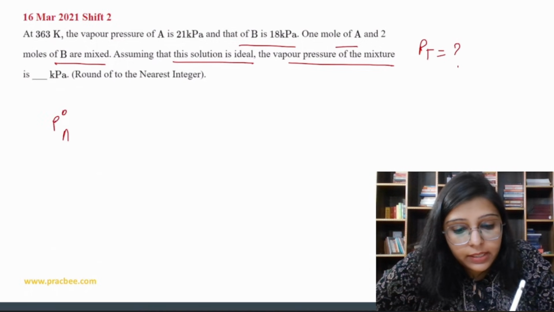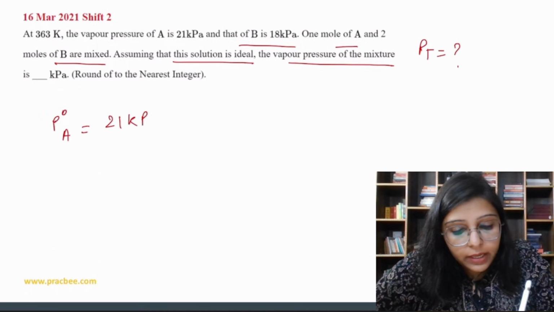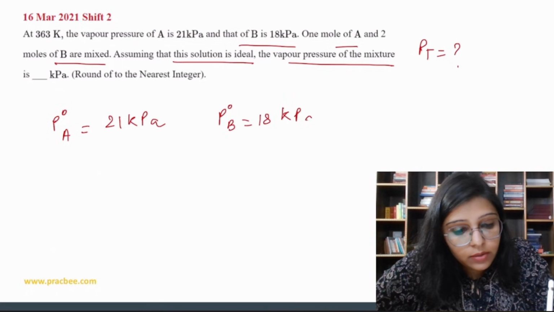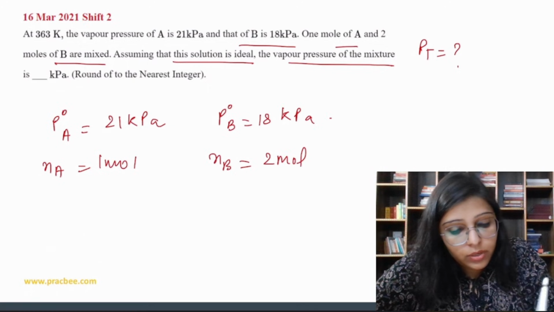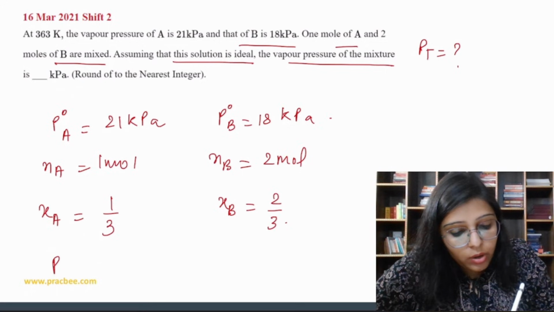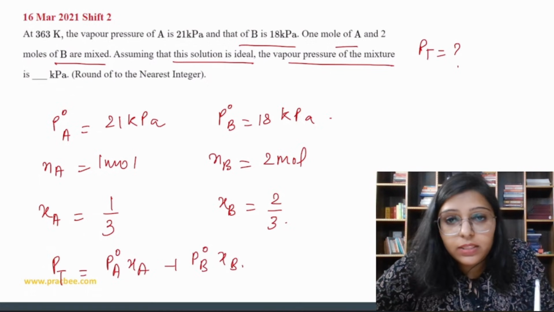P naught A is given 21 kilopascal, and P naught B is given 18 kilopascal. 1 mole of A and 2 moles of B are mixed, so the mole fraction of A is going to be 1 by 3 and the mole fraction of B is going to be 2 by 3. Now how to solve PT? P naught A XA plus P naught B XB.